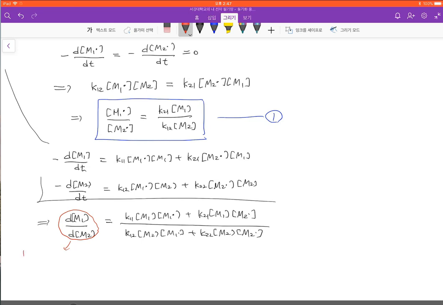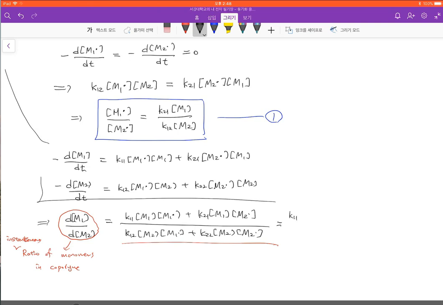So basically what this means is the ratio of monomers M1 and M2 inside of the copolymer, right? The instantaneous ratio of monomers in copolymer, which has this form.